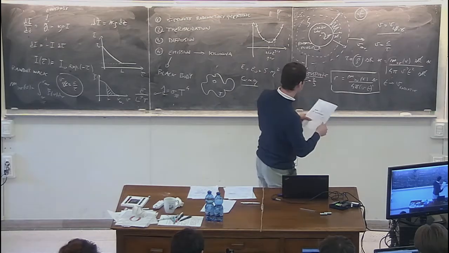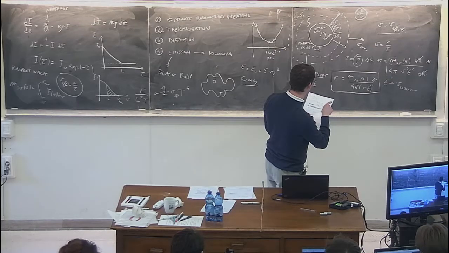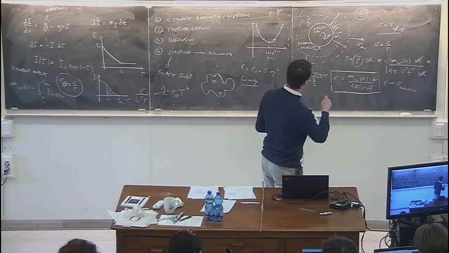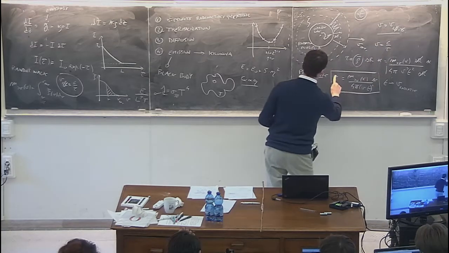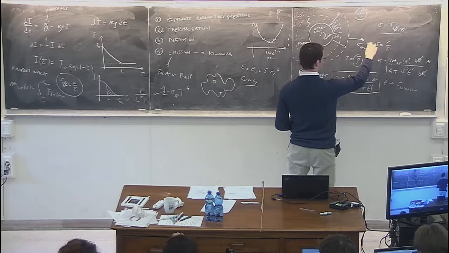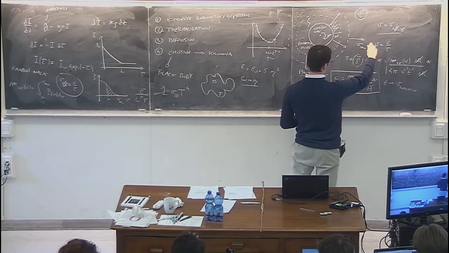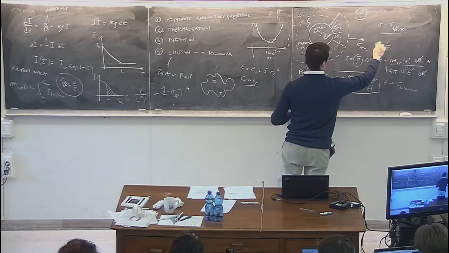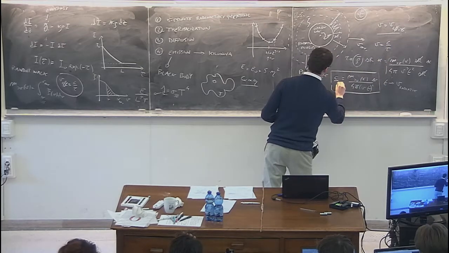Let me see. So let me check if the formula is correct. C over... No? There is a C missing. Ah, yeah, because I put tau on this side. Yes, sorry. So this is C. Because I put tau on this side, I put V on the other side, and the formula becomes this.